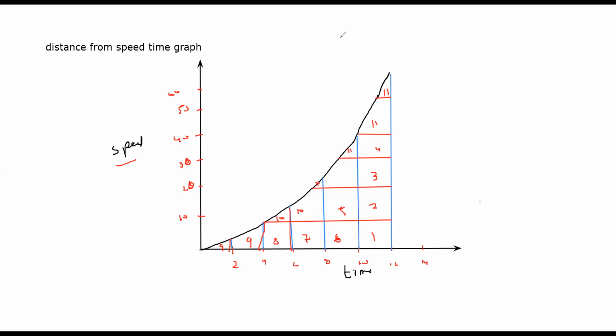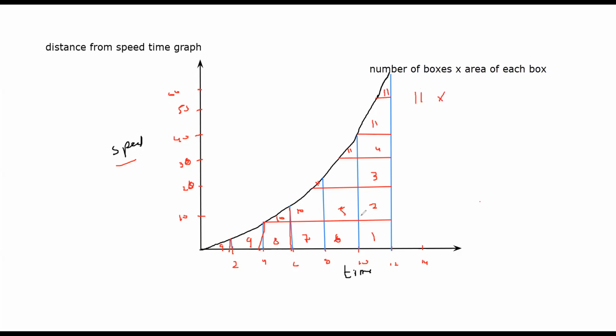So the formula is the number of boxes multiplied by the area of each box. How many boxes are there? 11, multiplied by the area of one box.